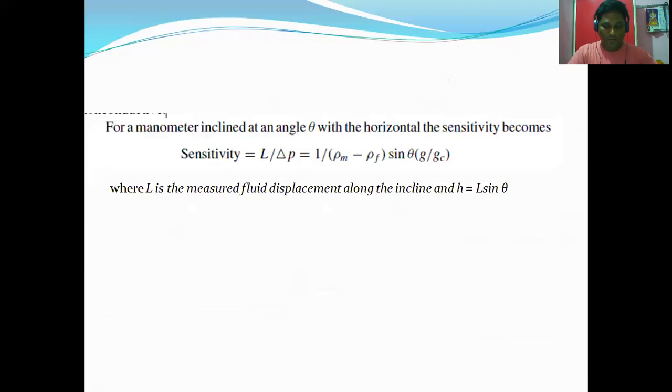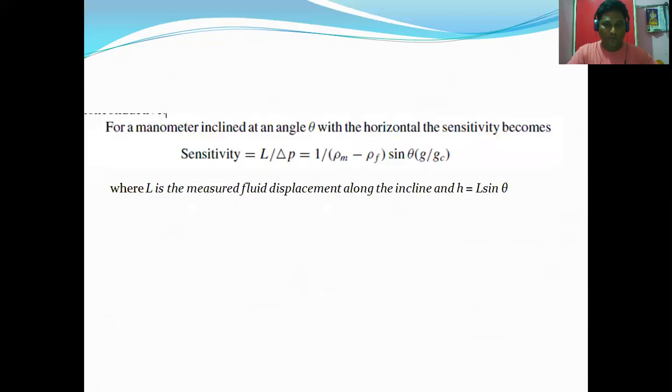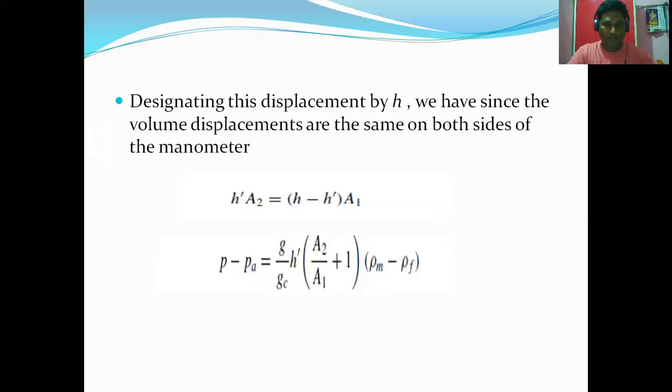So we got this equation: P minus PA is equal to G divided by GC h dash of (A2 divided by A1 plus 1) into (PM minus PF).